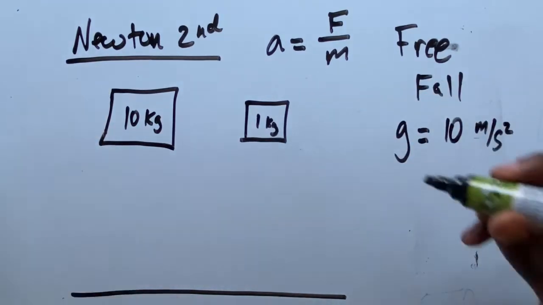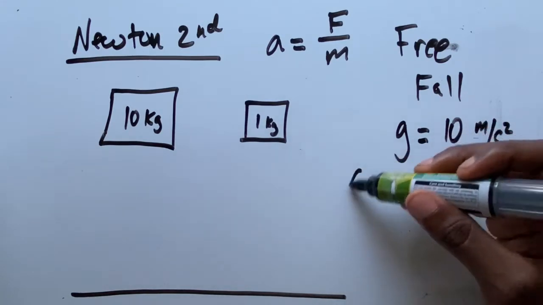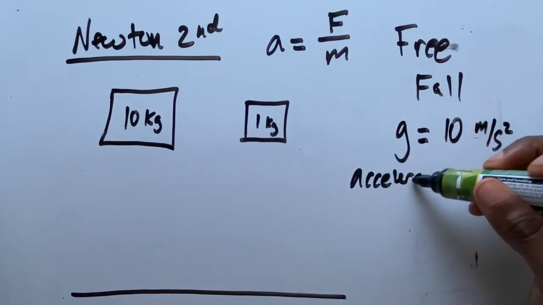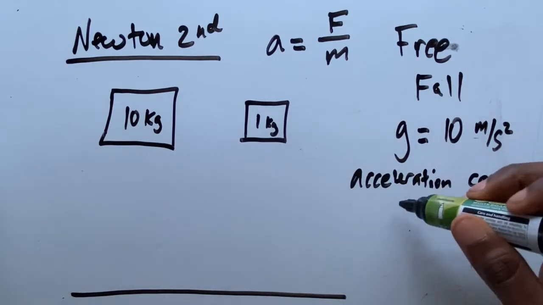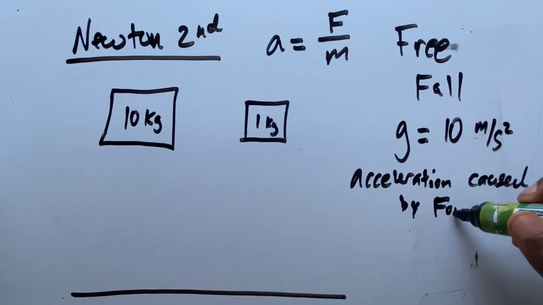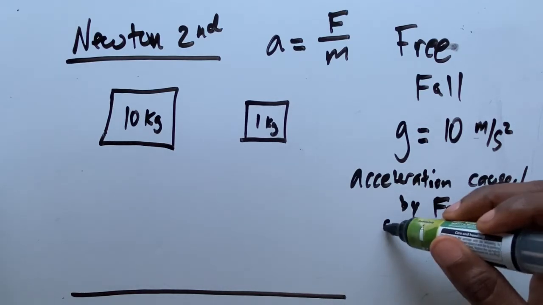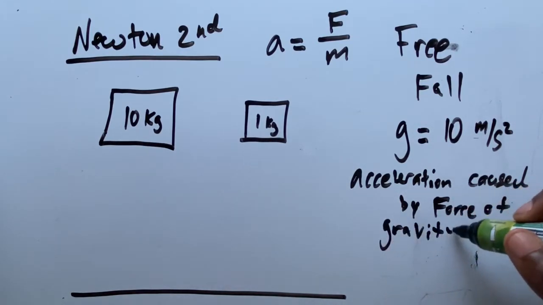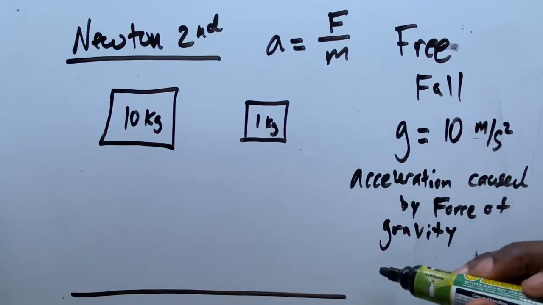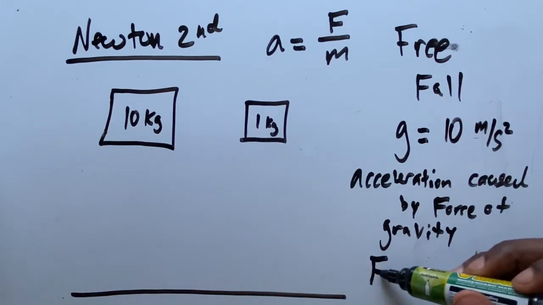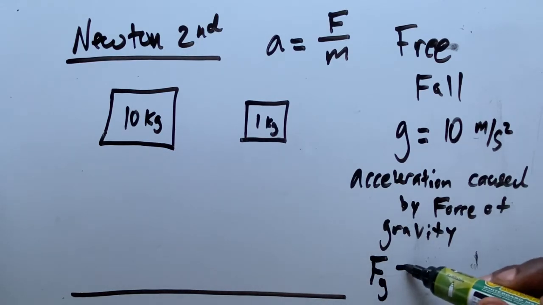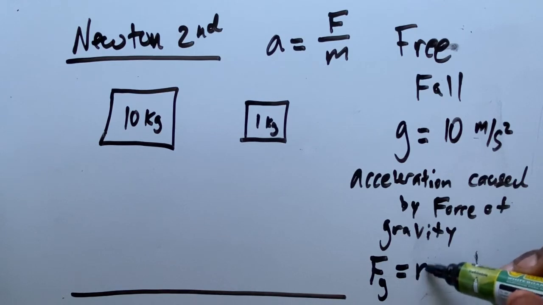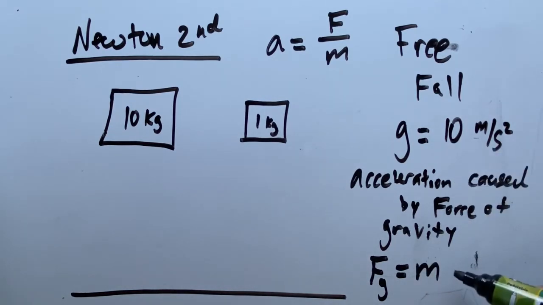I'll write that here, acceleration caused by force of gravity. And the force of gravity, you can write it this way, F for force with a little g for gravity is equal to the mass times g here.